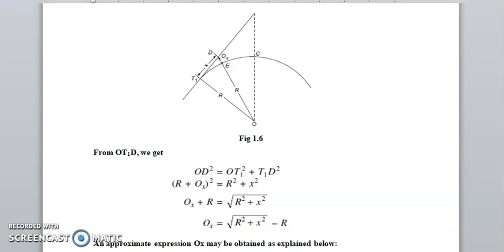Now (R plus OX) square is R square plus X square. So R plus OX is equal to the square root of R square plus X square.